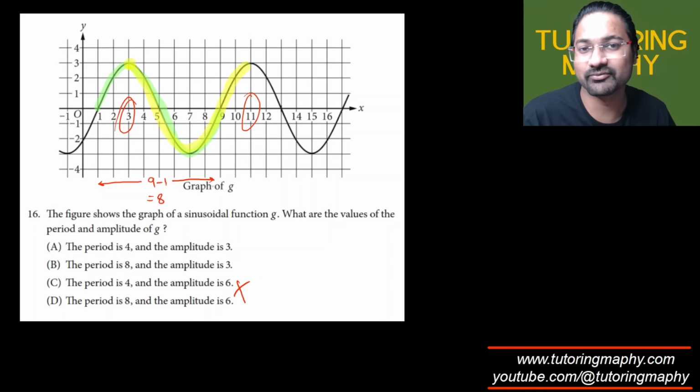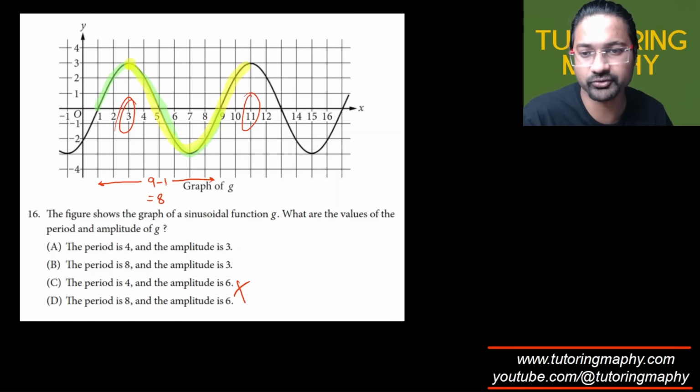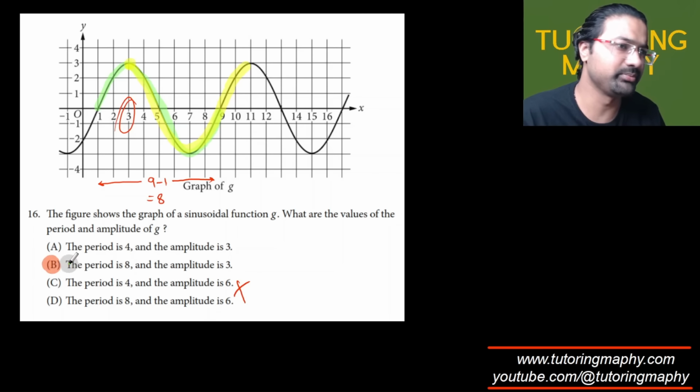So once again, it doesn't really matter how you do that. You will keep on getting the same answer. It doesn't matter from where you start and where you end, provided you complete that one complete cycle. So that's going to be equal to 8, and the amplitude is 3. So the correct choice is option B.